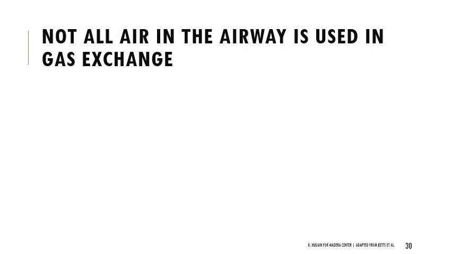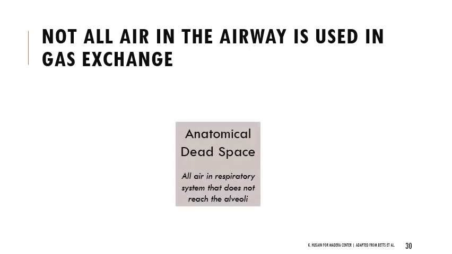So what that figure should also indicate to you is that not all air in the airway is used in gas exchange. We saw that some kind of sits around in your alveolus. There's also anatomical dead space, which is all the air in the respiratory system that doesn't even reach the alveoli. So it's just kind of being brought in and out, but not actually getting into those alveolar sacs.